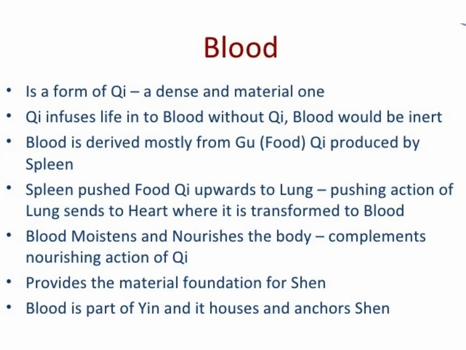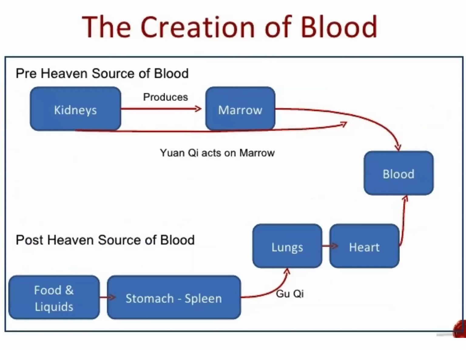Blood moistens and nourishes the body, which complements the nourishing action of qi. Blood provides the material foundation for Shen, as blood is part of Yin and it houses and anchors Shen. So if we have problems with blood, magkakaproblema din tayo sa Shen.